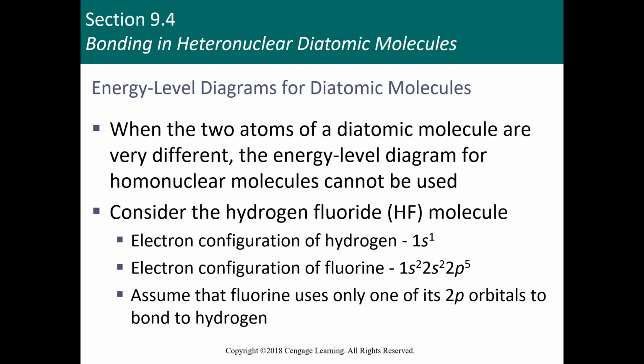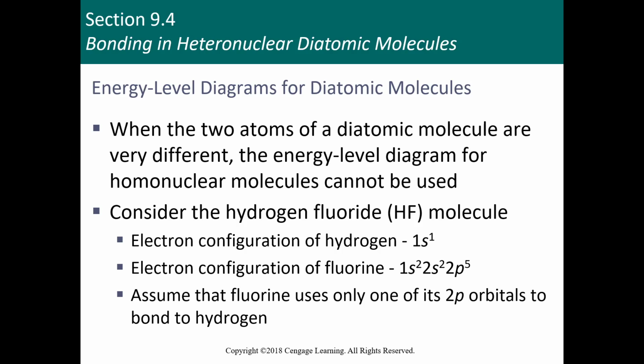So, these energy level diagrams for diatomic molecules: when the two atoms of a diatomic molecule are very different, your energy level diagram for the homonuclear molecules can't be used. You have to start having something much different, because they simply will be so different electronically that it won't even make sense anymore. For example, HF, hydrogen fluoride, is a very good example of this.